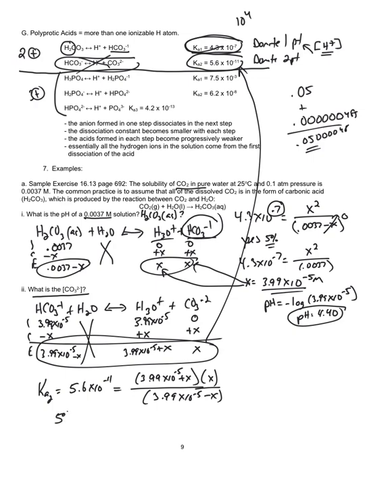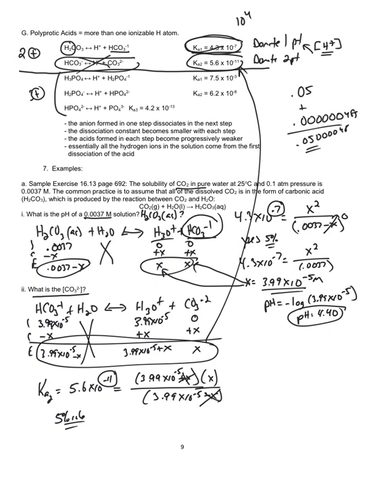Can I use the 5% rule? Oh, heck yeah. The value is negative 11. That is extremely tiny. Very little of it is going to get to this level of dissociation. So I get rid of the minus x, but I also get rid of the plus x on top because both of these have an initial concentration of something other than 0.